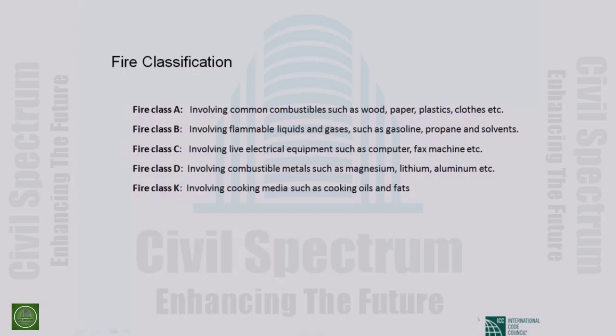So if you do not know the source of fire, then you should not use randomly any extinguishing system. But in general, we use water because most of our household system is involved with wood, paper, plastic, etc. And so most fire is class A fire.